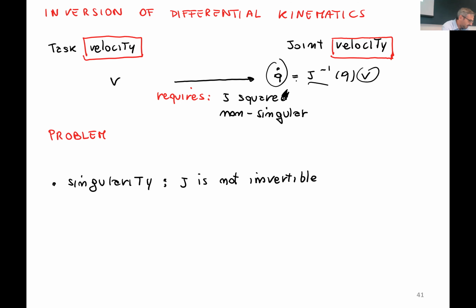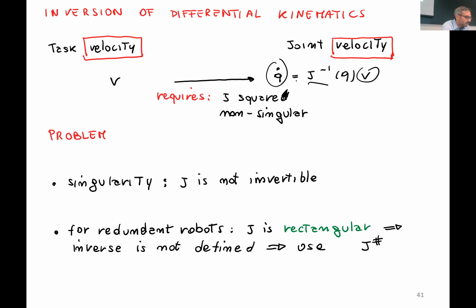And if there's a singularity, J is no longer invertible, and we saw a trick to make it invertible for redundant robots where J is rectangular, where the inverse is not defined, but we can use the pseudo inverse that is always defined.